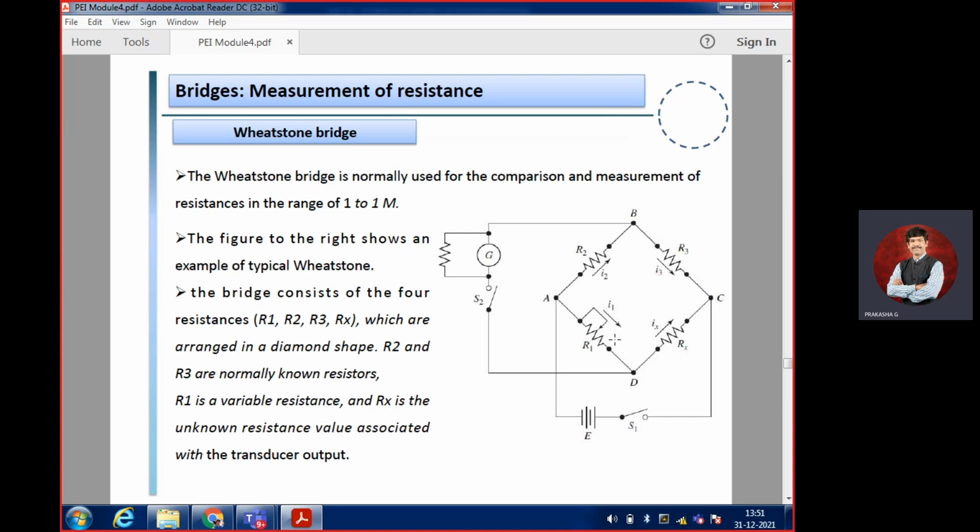A, B, C, D, four vertices are there. You connect your power supply between A and C, and you measure the current between B and D.